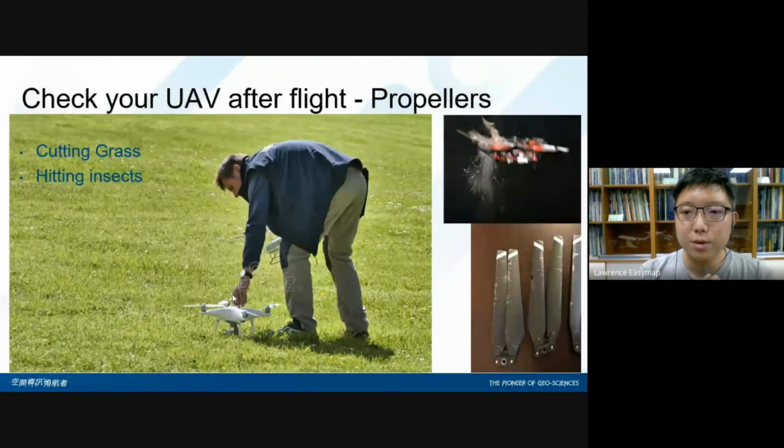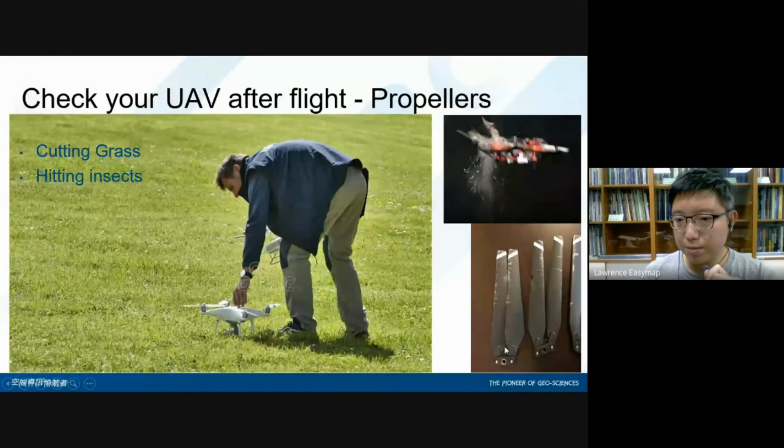Because during the flight, the propellers are rotating all the time. They may hit some insects or even some big animals in flight, and you don't know. You can see on the propeller here, some damage at the edge.